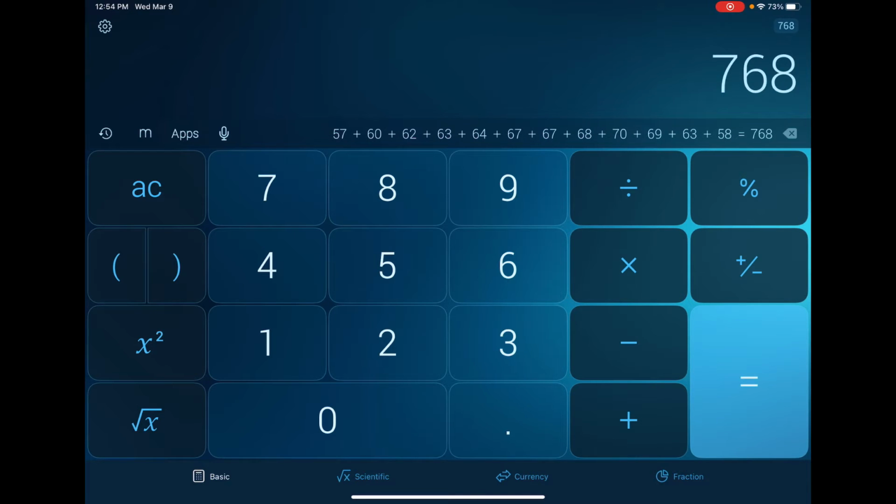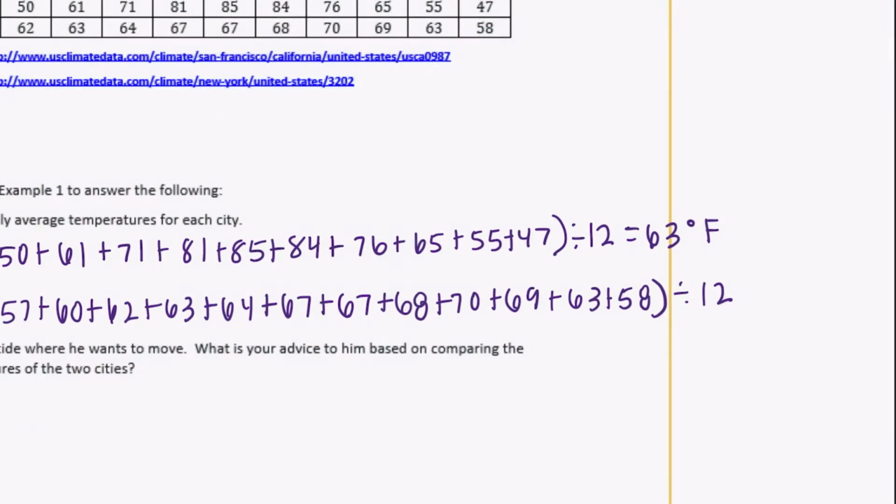So we get 768. Let's divide that by the 12 months to find our mean, and we get 64 degrees Fahrenheit.